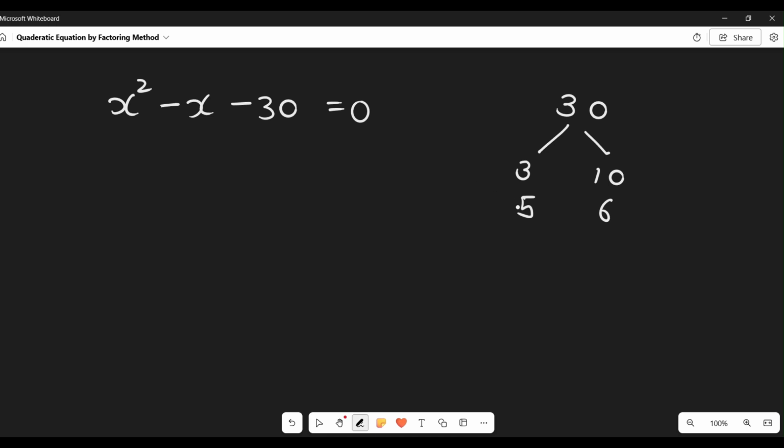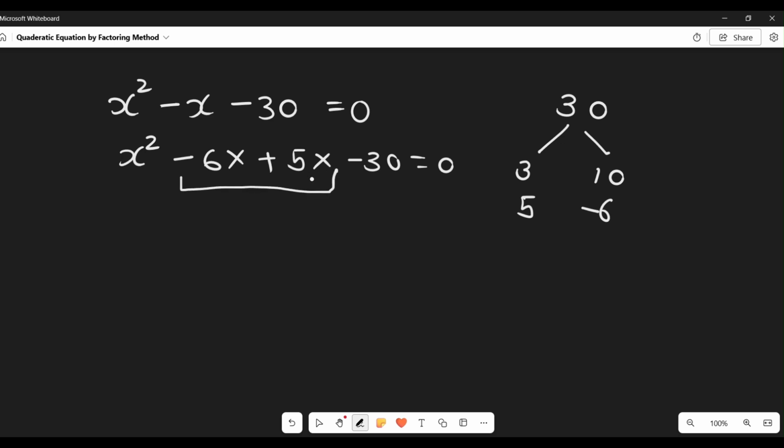So if you want −1, then 5 multiplied by −6. So 5 multiplied by 6 is equal to 30 and their sum will be −1. So we can write this as x² − 6x + 5x − 30 = 0. So if you sum this, it will automatically come to −x. That is our equation, x² − x − 30 = 0.